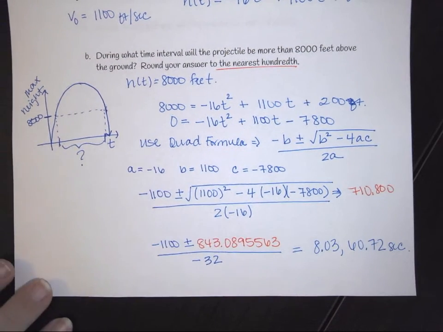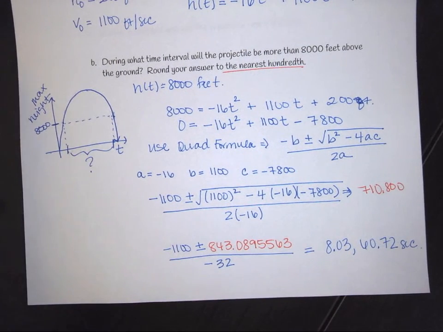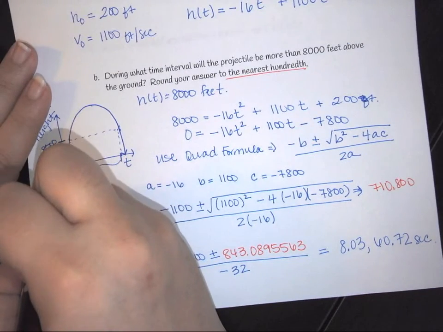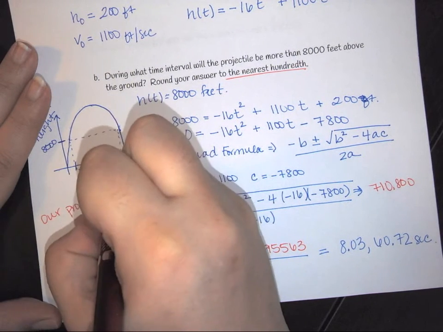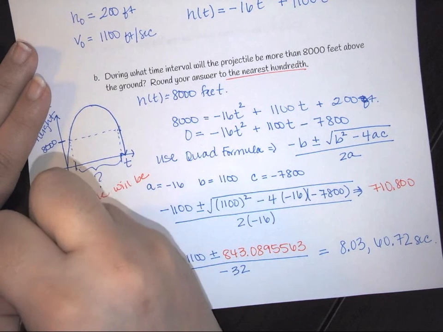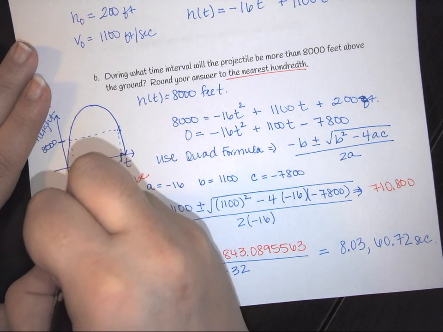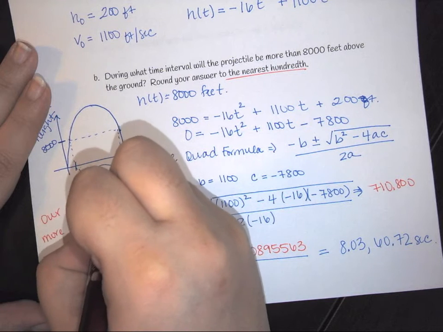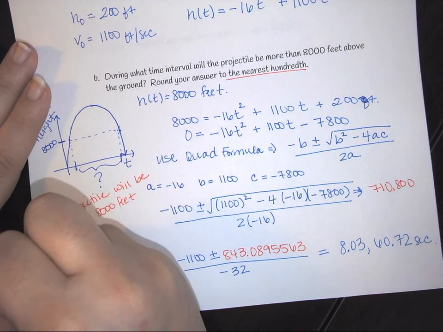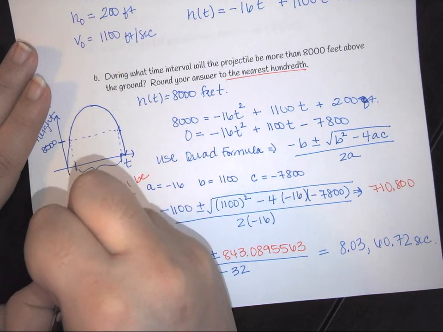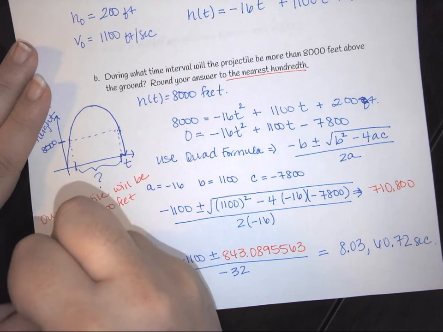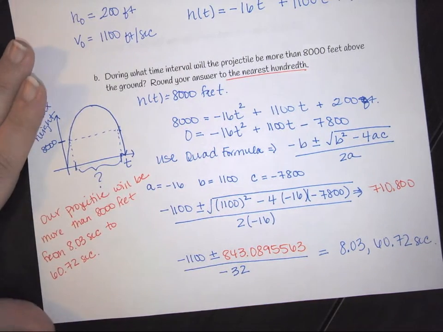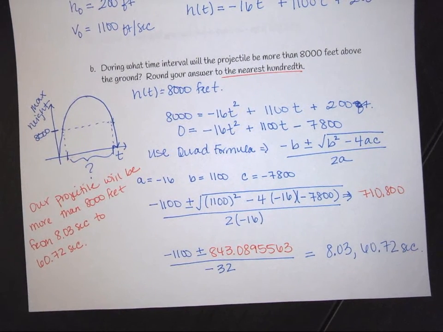So if we're talking about what does that actually mean, it means our projectile will be more than 8,000 feet from 8.03 seconds to 60.72 seconds. Okay, so that is what we are doing, and that's what answers your question. Okay.